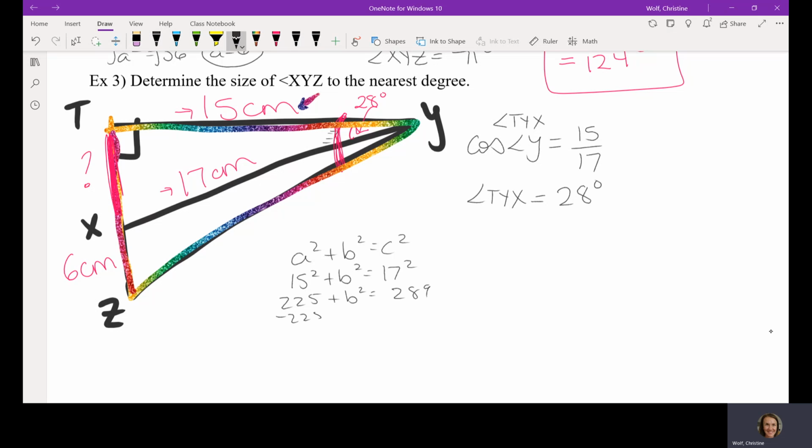I'm going to subtract 225 from both sides. B squared equals 64. I square root, b equals 8. I know I'm going fast. If you need to go back and watch this example again, start to finish, you'll have the video. So I just found out that this is 8 centimeters. So the whole side is 14.